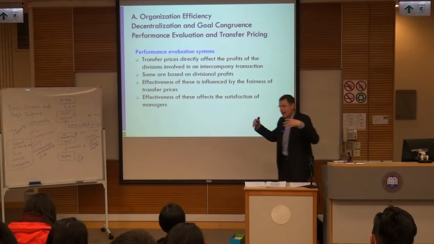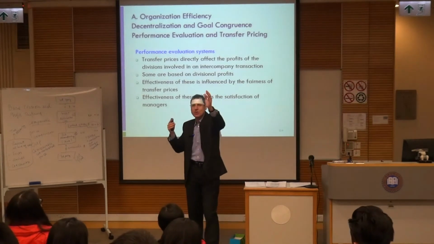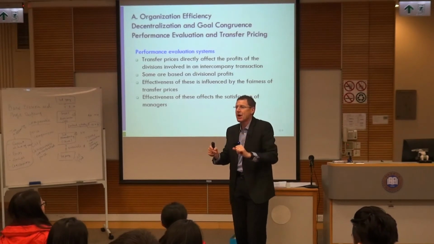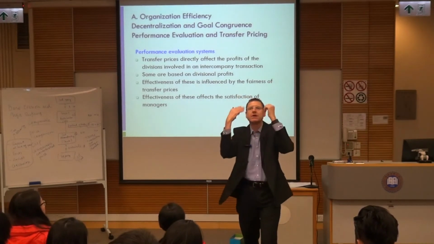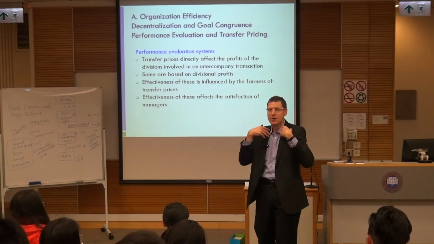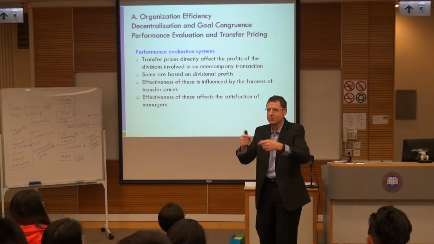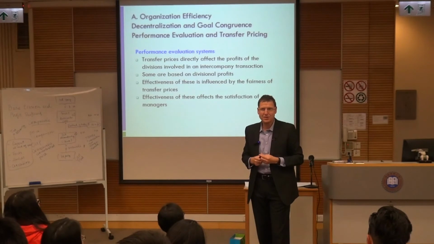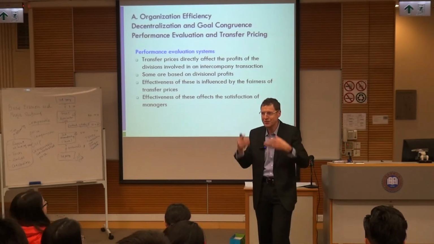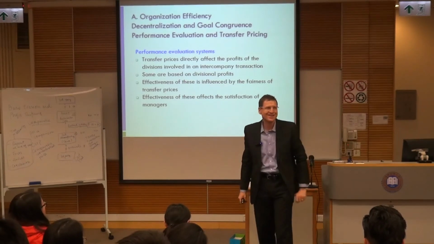And because I've now allowed manager A and manager B in two different countries to negotiate transfer pricing, now I'm going to evaluate your performance. And you can't complain. I gave you the ability to set the transfer prices. You can't complain to me, oh yeah, but we didn't have control of transfer pricing. Yes, you did. You can set them. You negotiate.